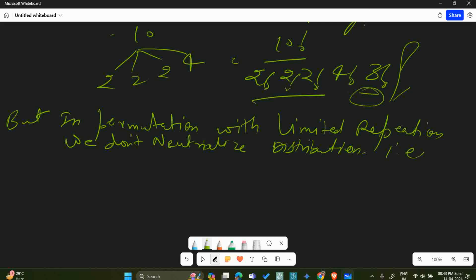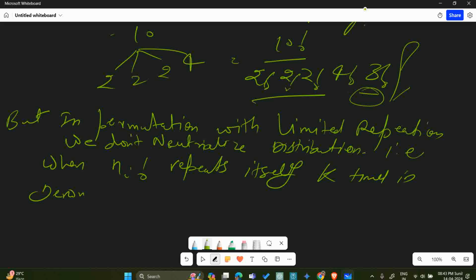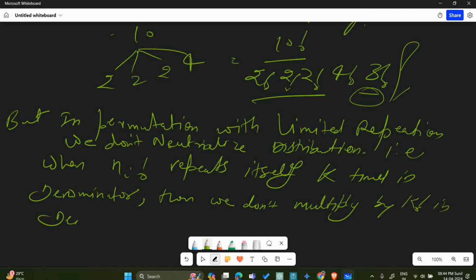So when n_i factorial repeats itself k times in the denominator, then we don't multiply by k factorial in the denominator like that. All right. This is very important.